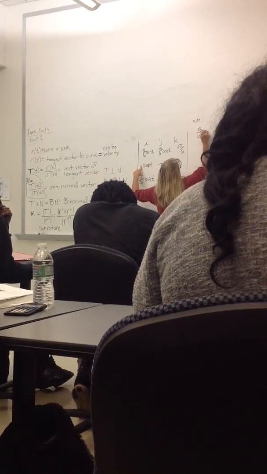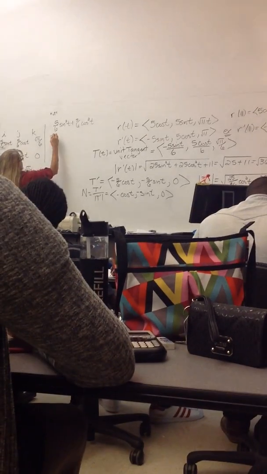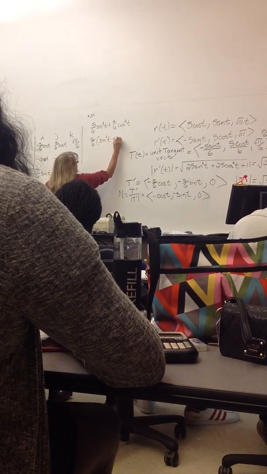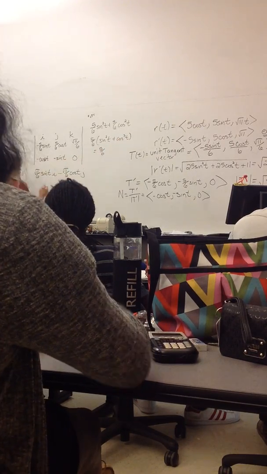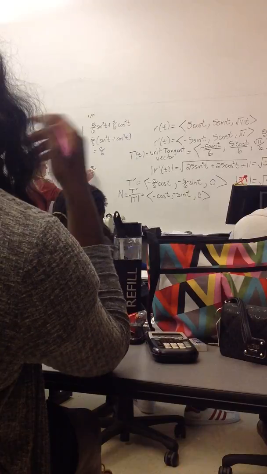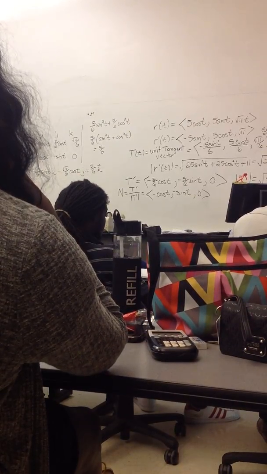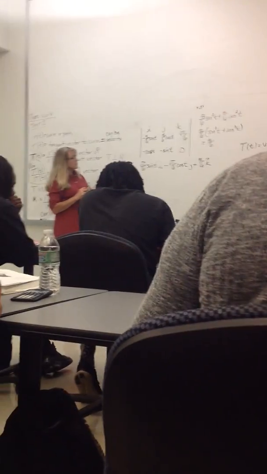So I'll have positive 5/6 sine squared plus 5/6 cosine squared. And again, if you factor out the 5/6, we get our Pythagorean identity, and that ends up just equaling 5/6. Okay, so that is my binormal vector. And if you do the opposite, that's your negative binormal vector.